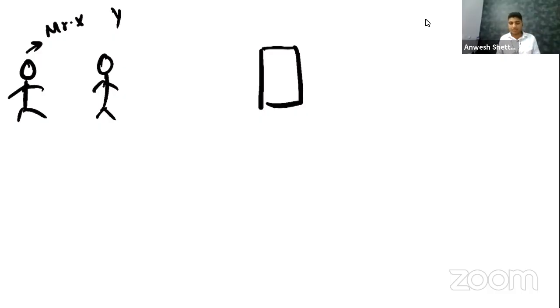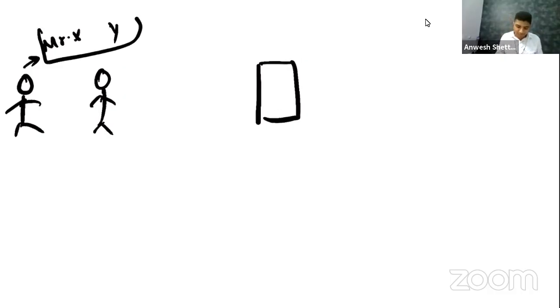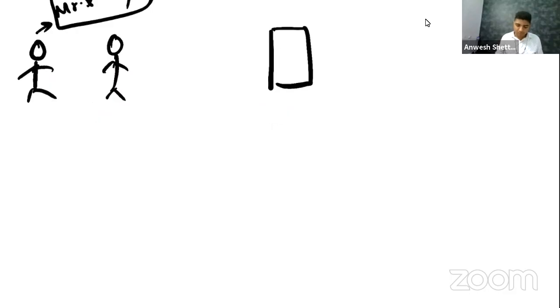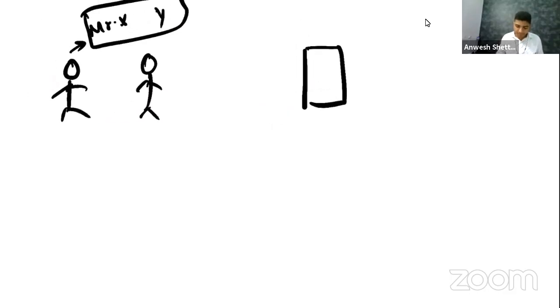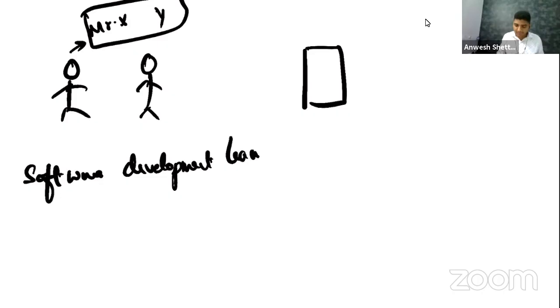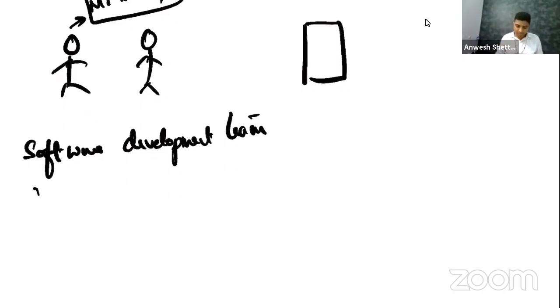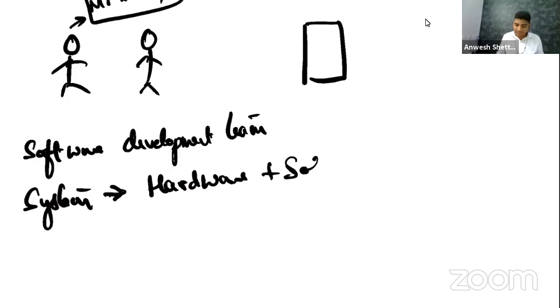Now the question is, these X and Y come together. What will they do? They will hire a software development team, because they want software. But they do not only want software, they also want a system, in the sense they want hardware plus software.